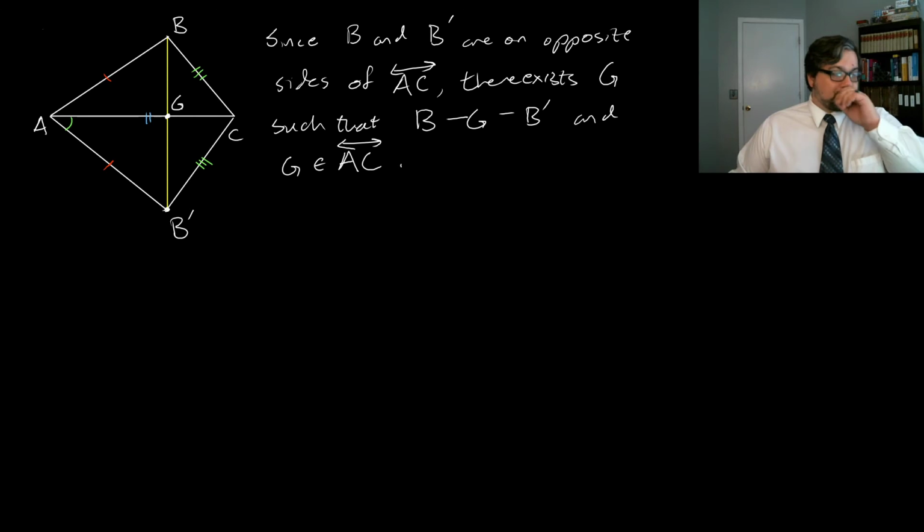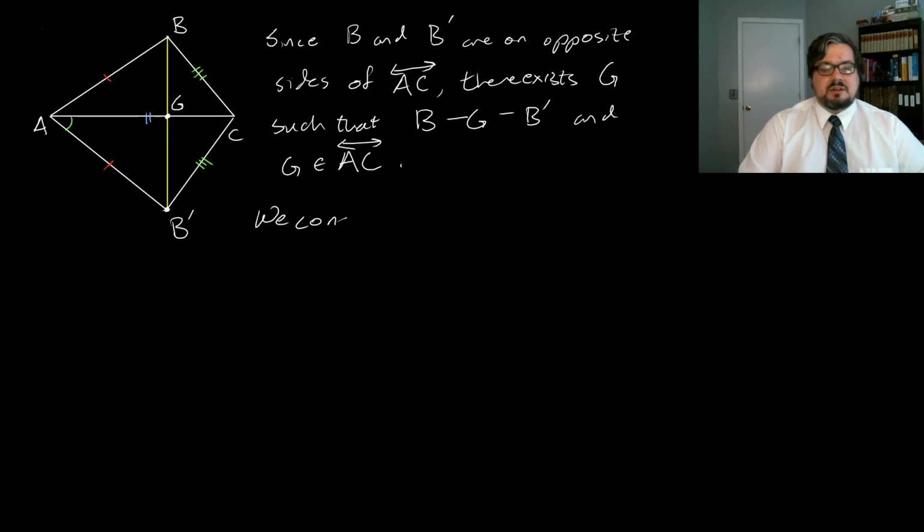So let's look at the situation that we actually have sketched out here. And now we want to look at some of the other triangles involved. Sorry, I want to be even more explicit about this.